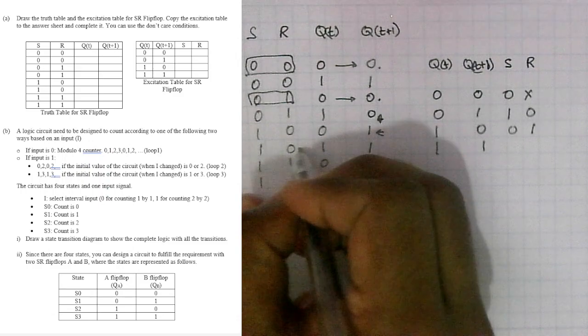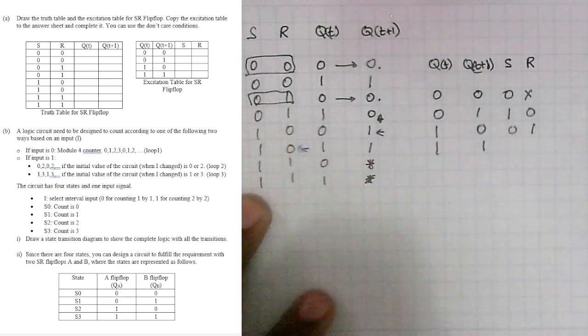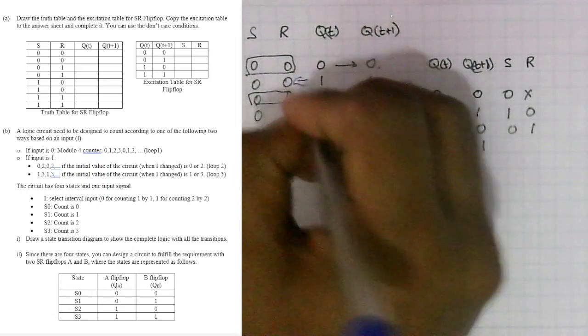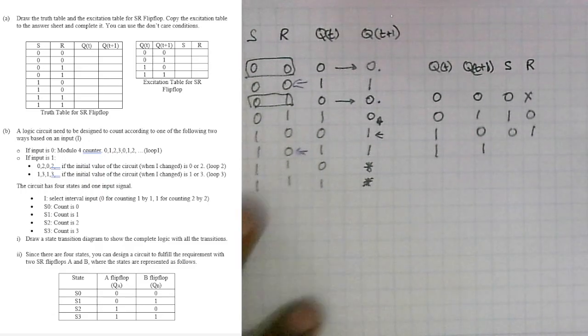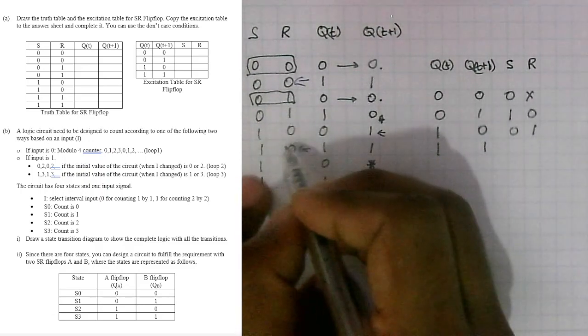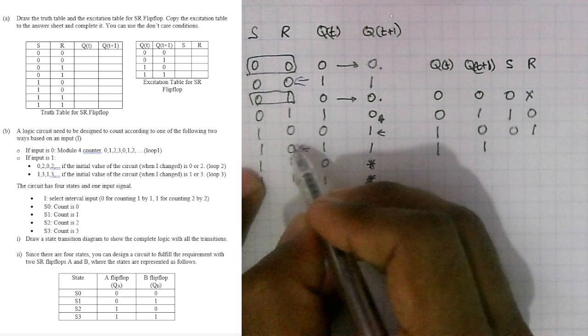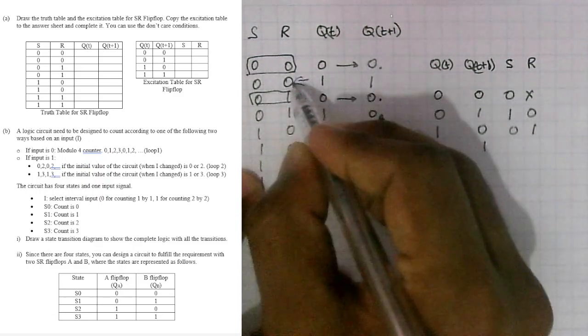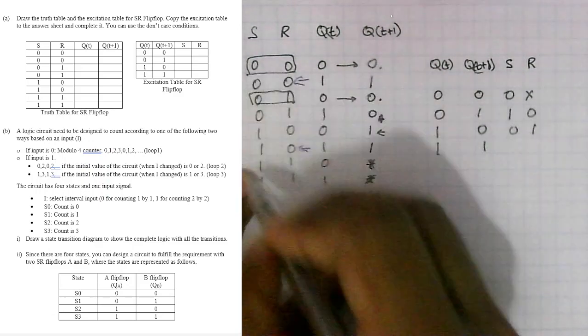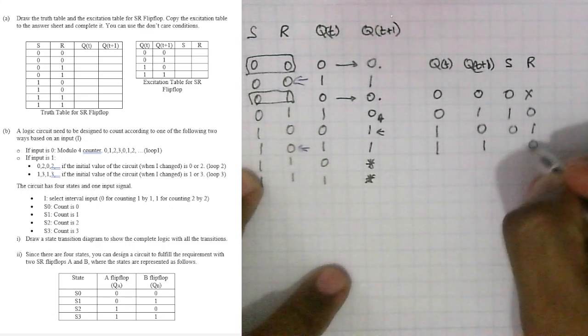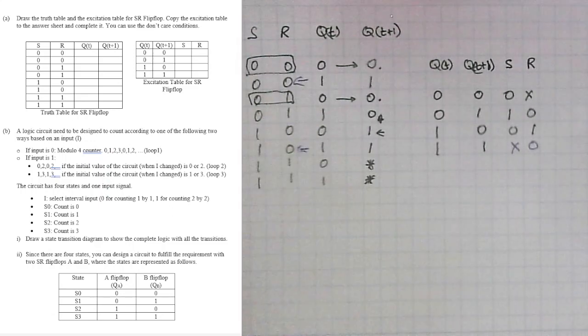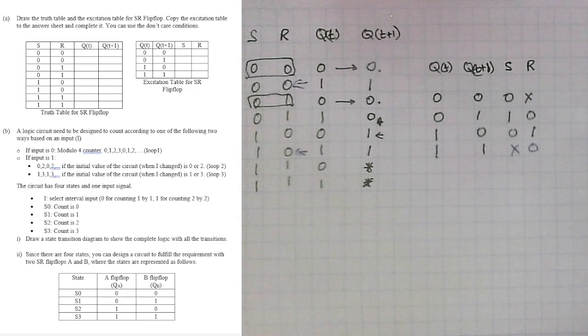This one we can use, or this one we can use, correct? So here, what is the thing which does not change? R must be 0, right? S does not matter, but R must be 0. Okay, so this is our excitation table for SR flip-flop.